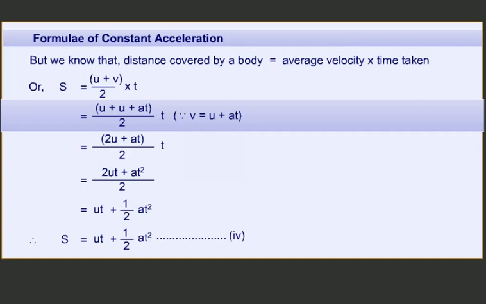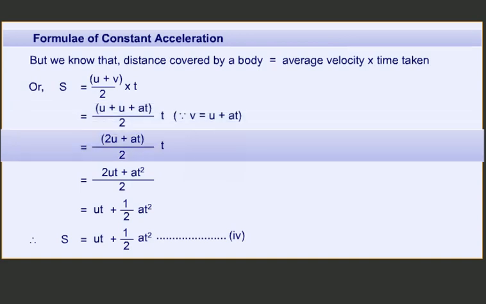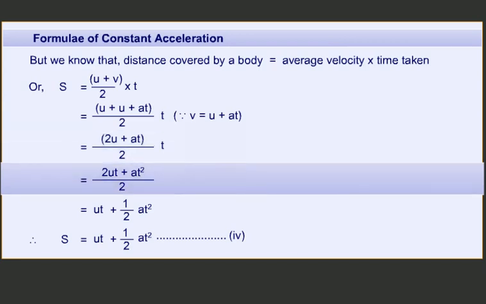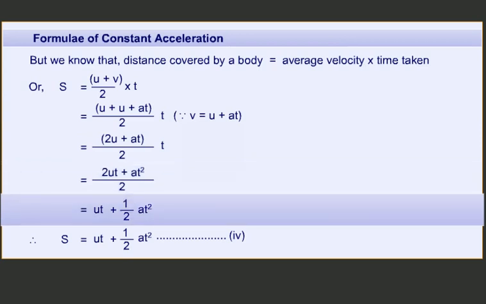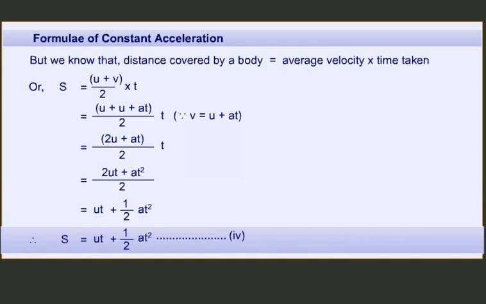Now, we can write this equation as 2u plus at divided by 2 into t. Now, let us multiply the numerator by t, and we get 2ut plus at square divided by 2. Or this is equal to ut plus 1 by 2 into at square. Therefore, s is equal to ut plus 1 by 2 at square. Now, let this be equation 4.